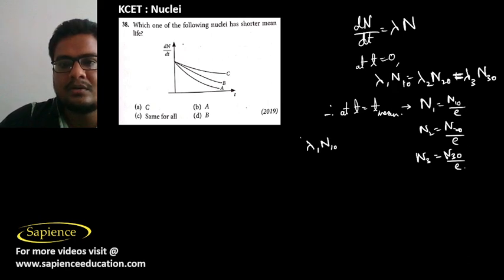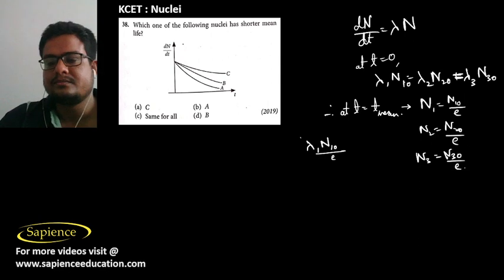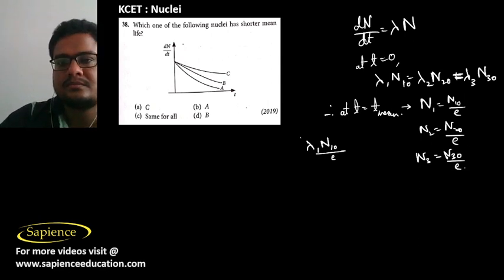Lambda 1 N1 naught by e, by e also will be the same. Lambda naught N1 naught by e is equal to lambda naught 1 and 2 naught by e.